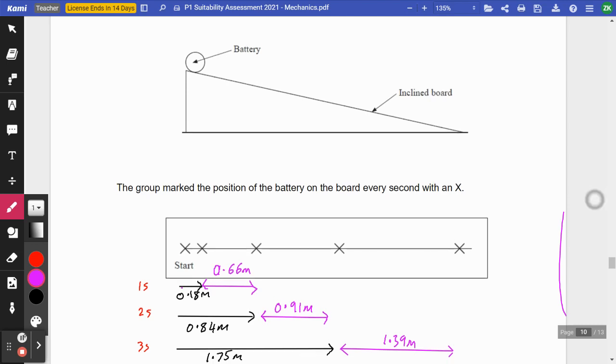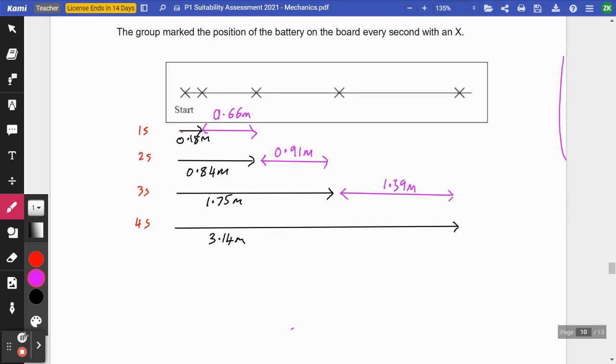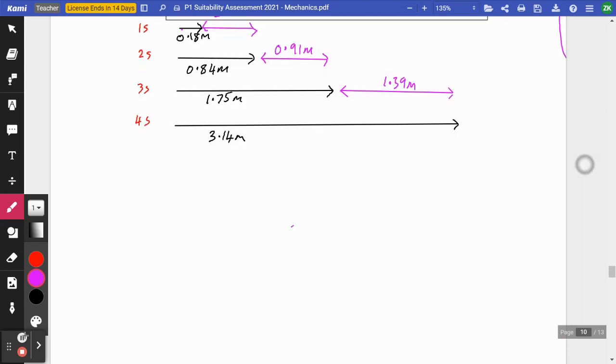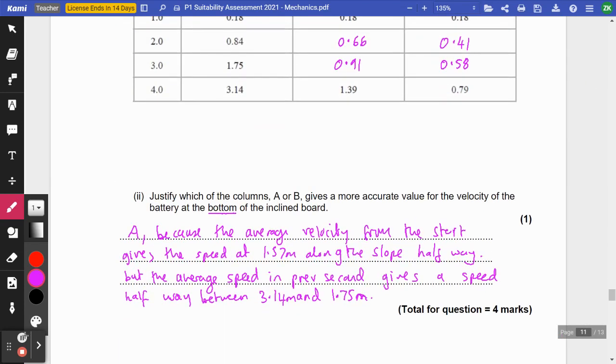Okay, but when we look at the velocity in the last second, so from here to here, let's say. Okay, so at the bottom, if you look at it, the question is justify which column, A or B, gives a more accurate value for the velocity of the battery at the bottom of the inclined board. So I'm looking at this at the bottom.